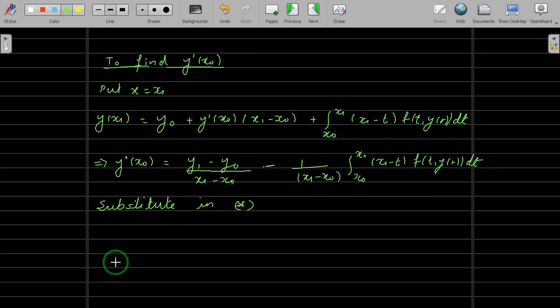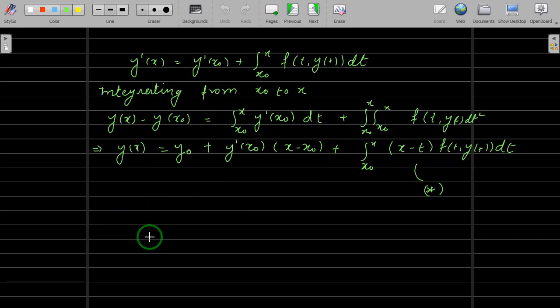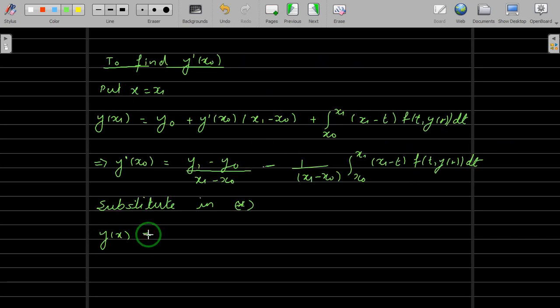So what equation you have, that star is y at x, right? y at x is equal to y naught. Take this equation, y naught plus x minus x naught, and then you have y dash at x naught, and that y dash at x naught is nothing but this entire equation.